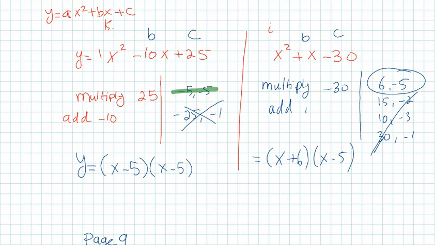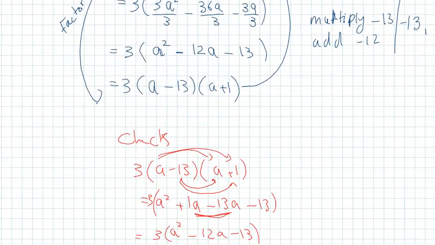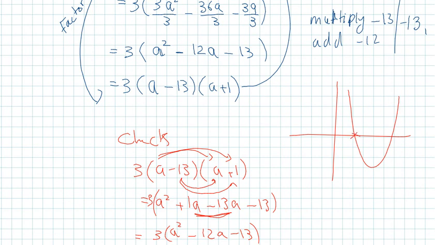And if you guys remember, the zeros of a quadratic are right here. So they're your x-intercepts. That's why I'm interested. Now the question is, how do I find my zeros from the factors?